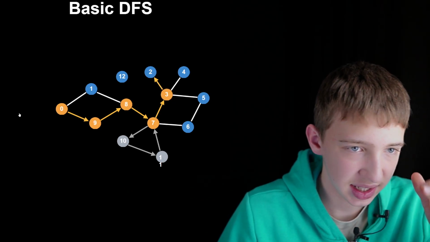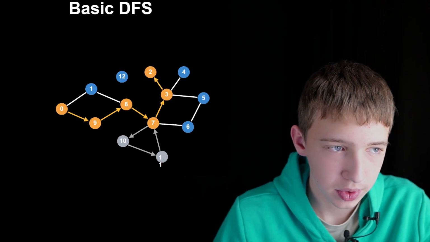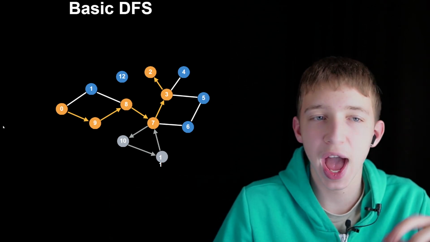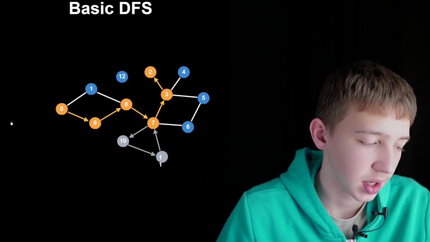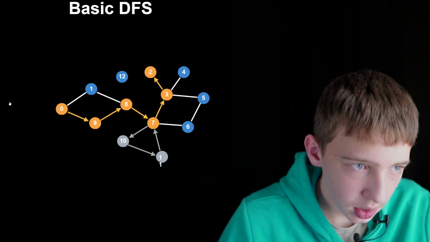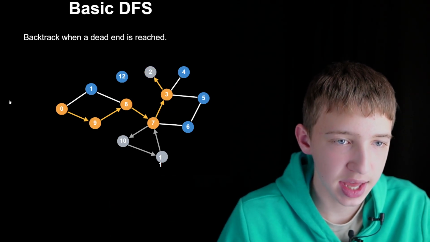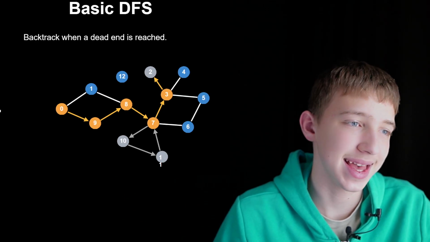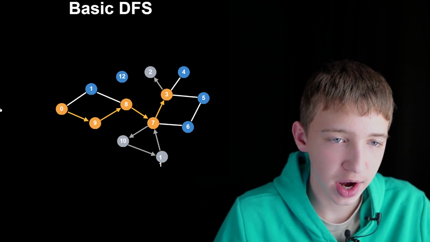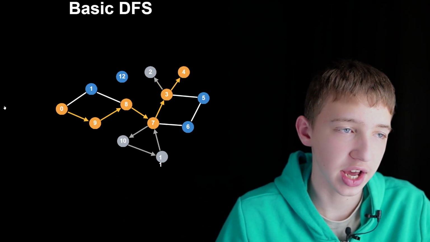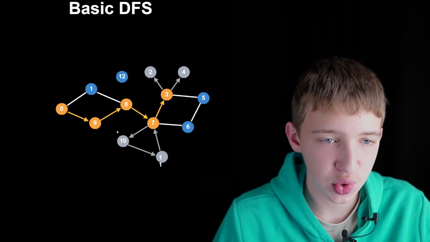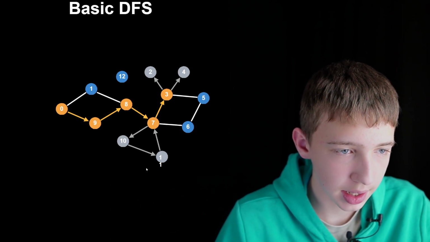From node 2 we cannot go any further, there is no edge from node 2 to anywhere. That is a dead end, and we backtrack. So in this case, we're backtracking to 3. 4 is another dead end, so again we're backtracking to 3.